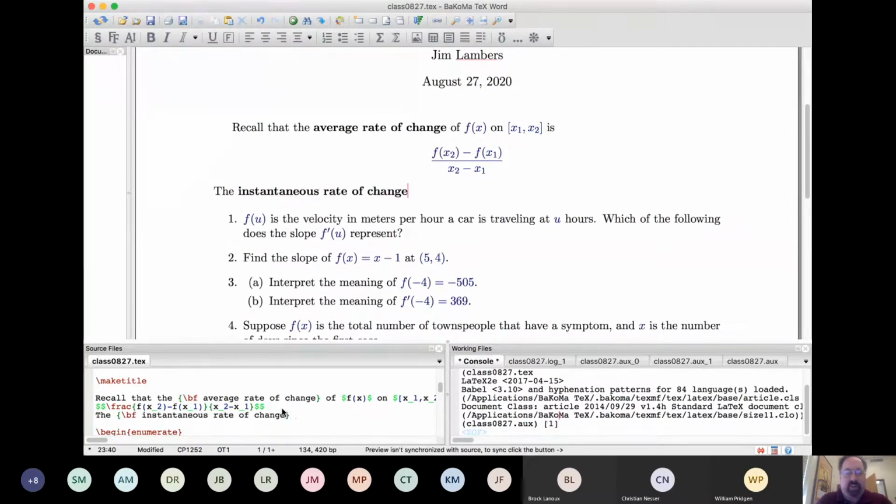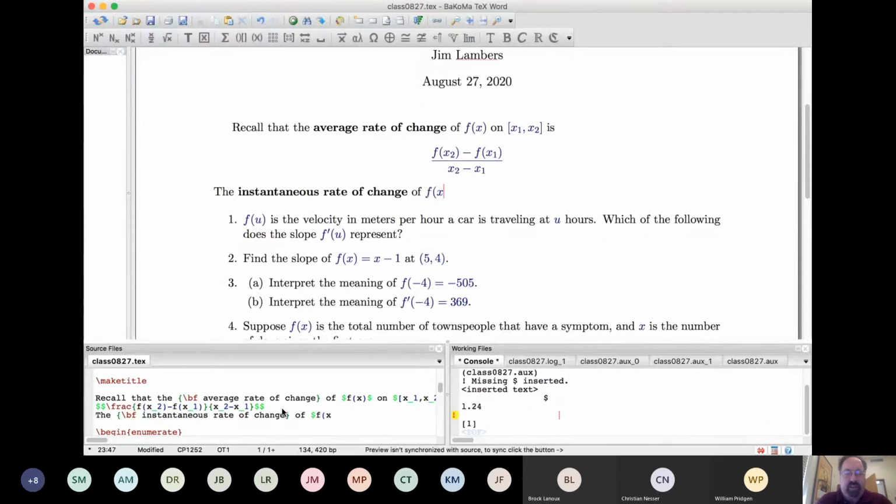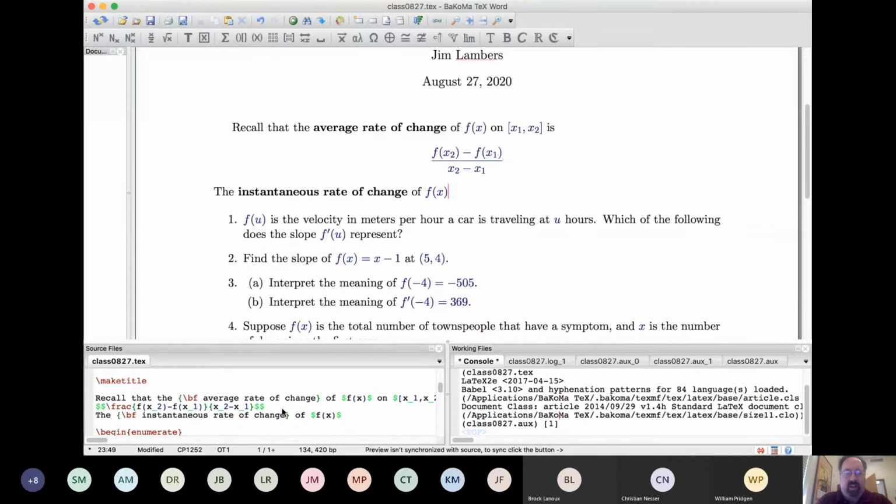Now, instantaneous rate of change, like average rate of change, also applies to a given function, but whereas average rate of change deals with an interval of x values, so all x from here to here, instantaneous rate of change, as suggested by the name, applies at a particular instant, at one point.